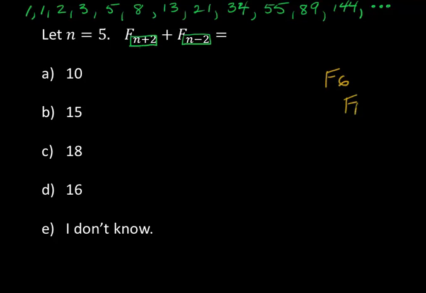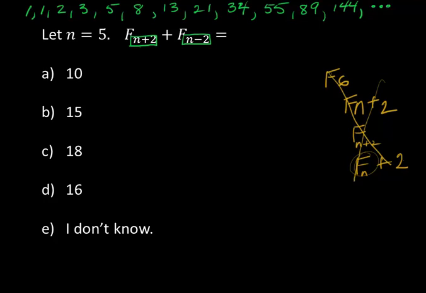A student might write this and then something like that. Well, I can't tell if that is f sub n plus 2 or f sub n, plus 2. Here the 2 is added to the subscript, and here the 2 would be added to the nth Fibonacci number. So be very, very careful with your notation.